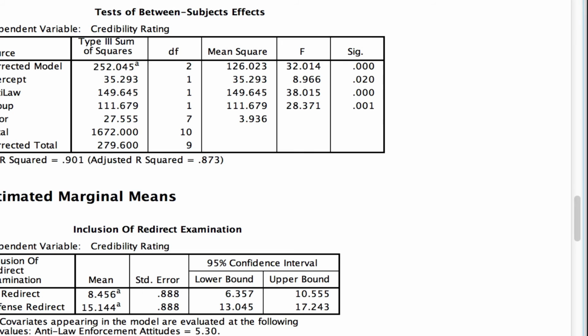And where does that value come from? Well, it's the mean of the covariate. So the strength of the relationship of our covariate with our outcome is going to be multiplied by the mean of our covariate.